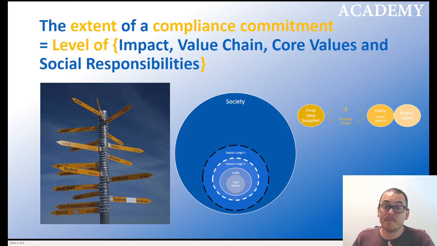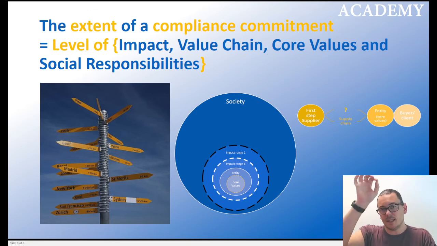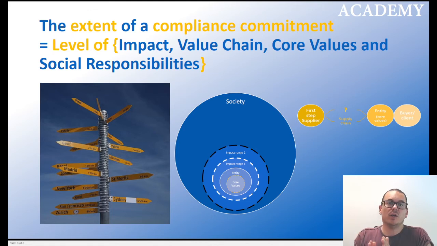So in the end, the extent of a compliance commitment equals the level of impact, value chain, core values, and social responsibilities. Everything put into one. You need to make this alignment, because your compliance commitment and how far you should go in your investment and your resource allocation depends on this exercise of going through the whole scheme.